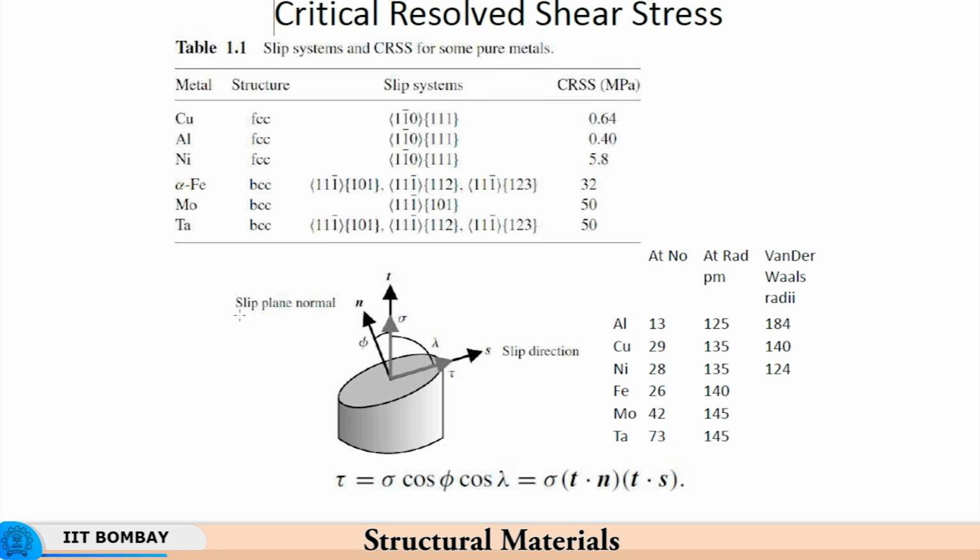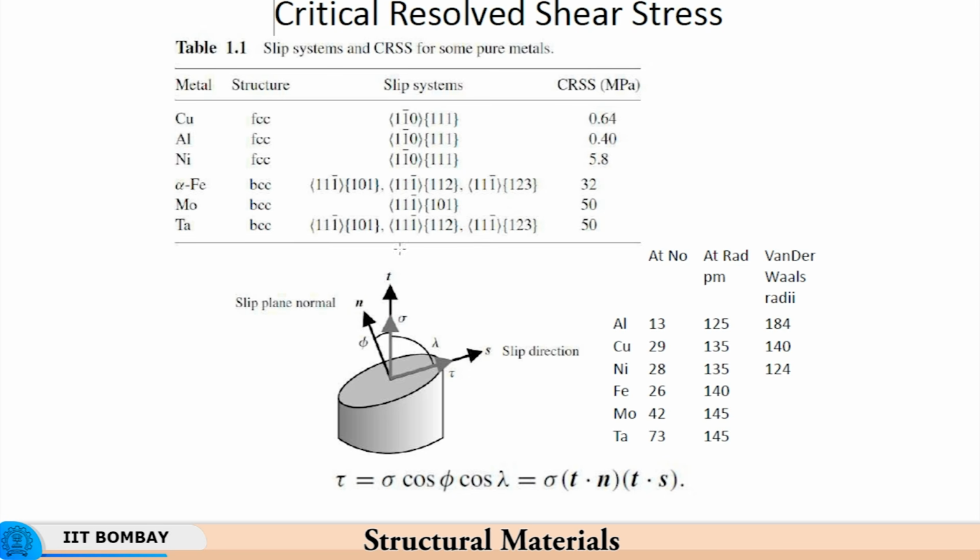So what happens is, when you have loaded a material, I have been talking about orienting a particular plane in the direction of maximum resolved shear stress. So let us imagine how the shear stress would vary depending on the orientation of the plane. Let us say you are doing a tensile test.